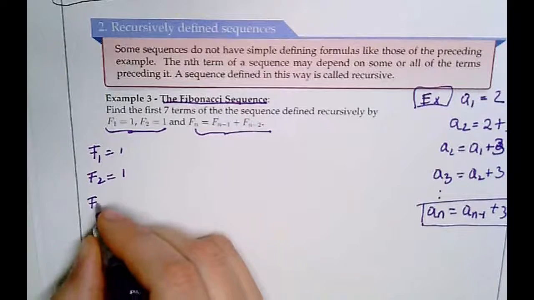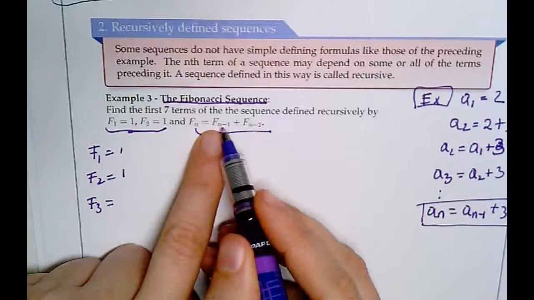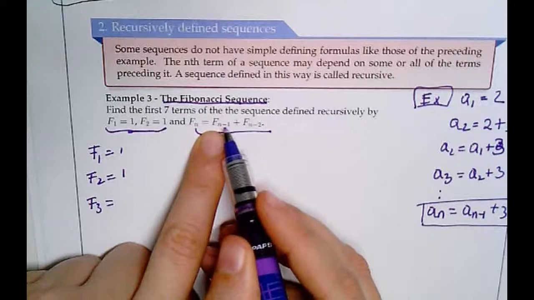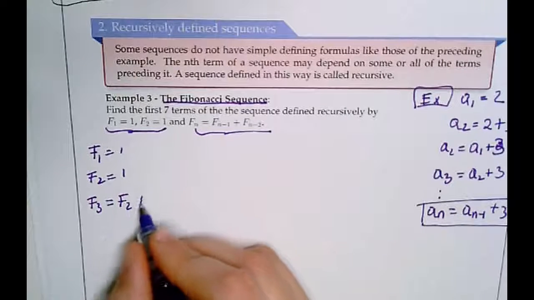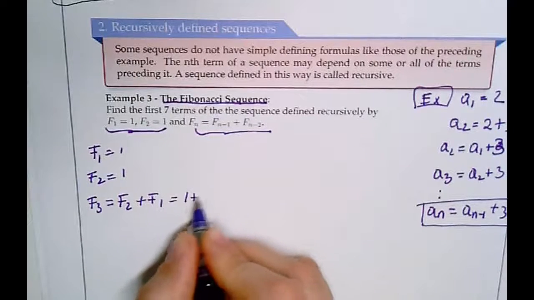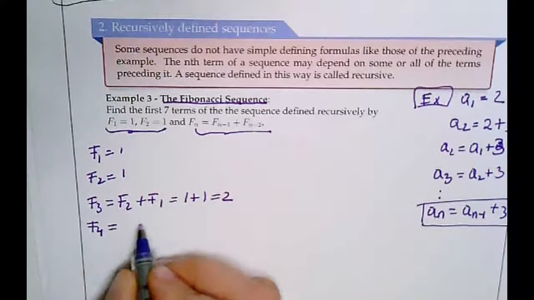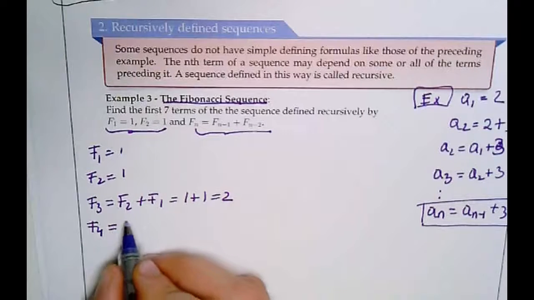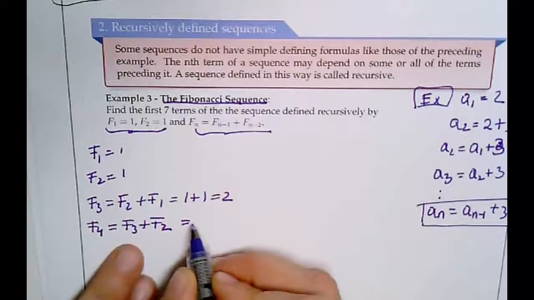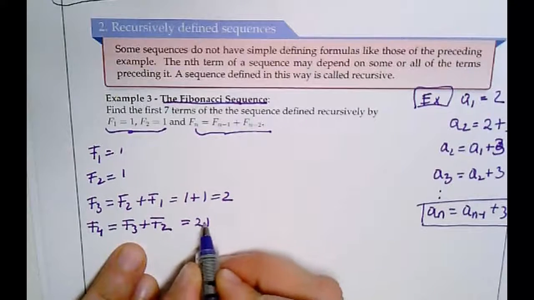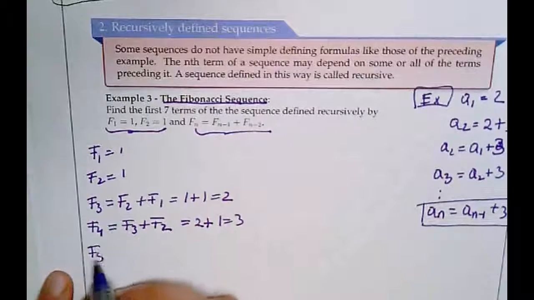That means that when n is 3, f3 is going to be f2 plus f1, the sum of the previous two terms, so 1 plus 1, which is 2. What about f4? f4 is going to be the sum of the previous two terms, so f3, which is 2, plus f2, which is 1. What is f5 going to be?